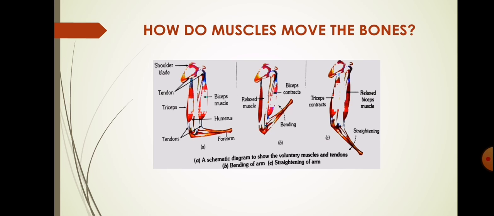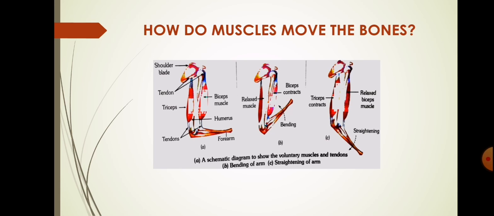When the arm is moved up, the biceps contract and become shorter, right? In first figure A, when the bicep is shorter, the lower part, the tricep, is relaxed and expanded. In B, if you see the B position, the tricep muscles are relaxed and the bicep muscles are contracted.